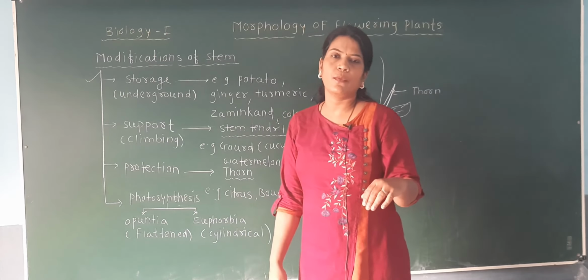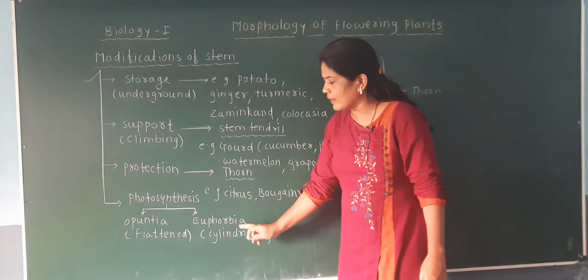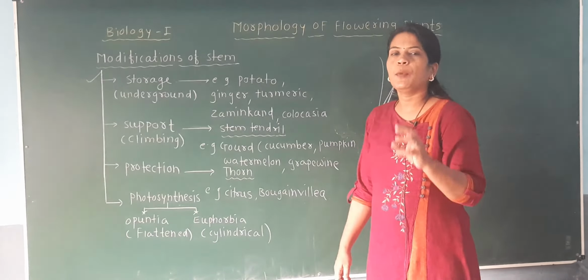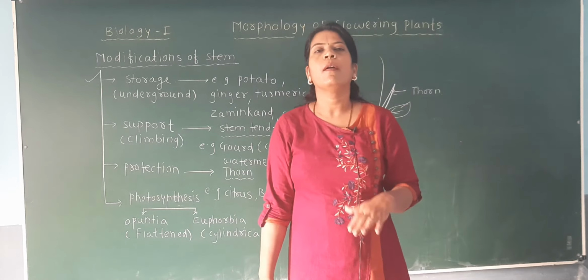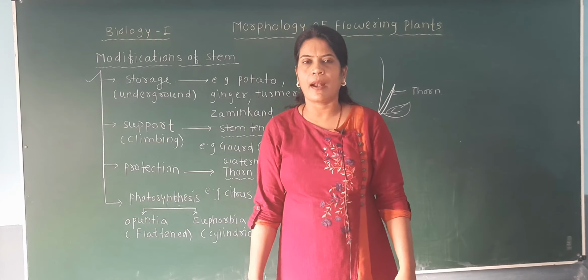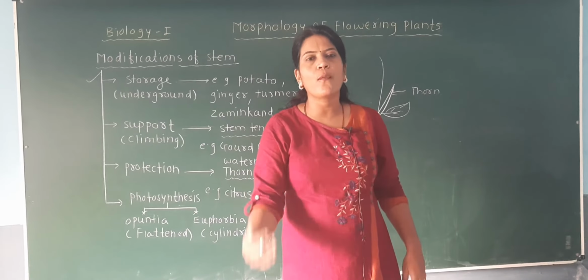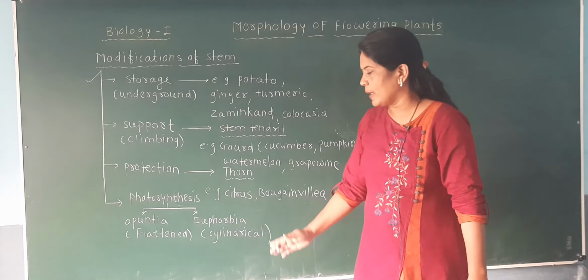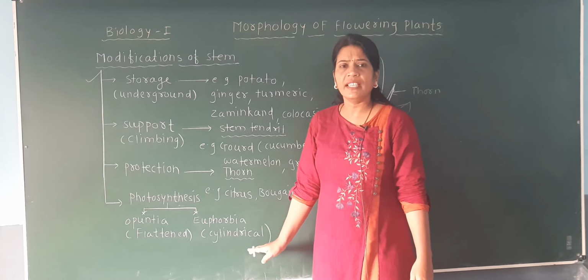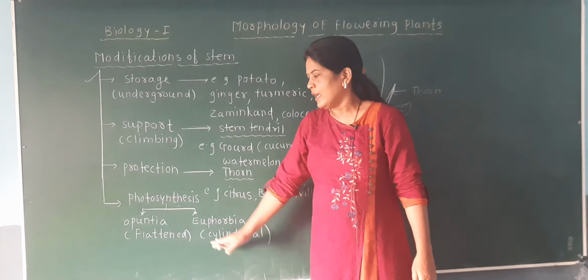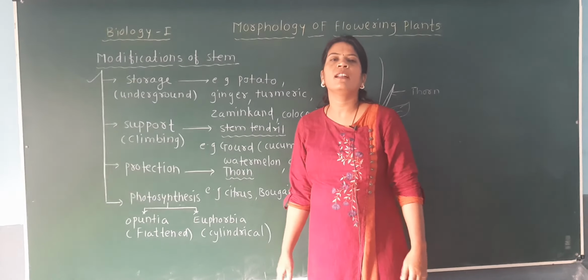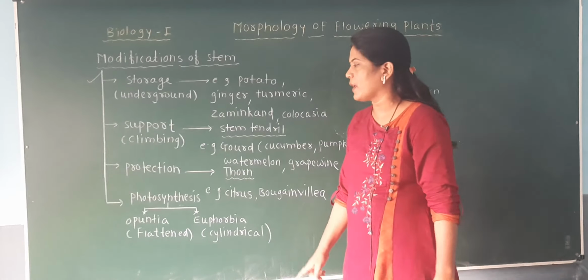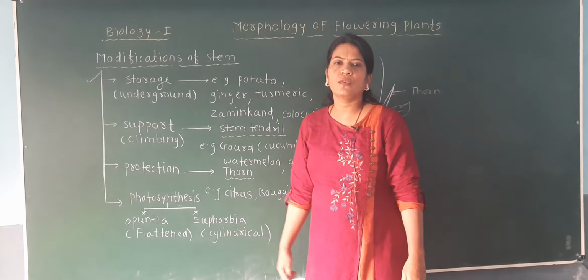Another name of opuntia is the cactus plant, and another example is euphorbia. Euphorbia does not have a Marathi name, but it is an ornamental plant. If you are interested, you can observe the image of this euphorbia plant on the internet. But see here, these two examples, opuntia and euphorbia, you have to remember under the title photosynthesis.